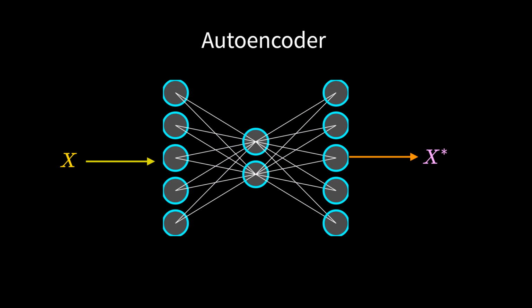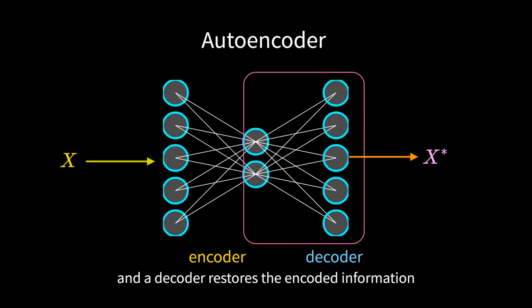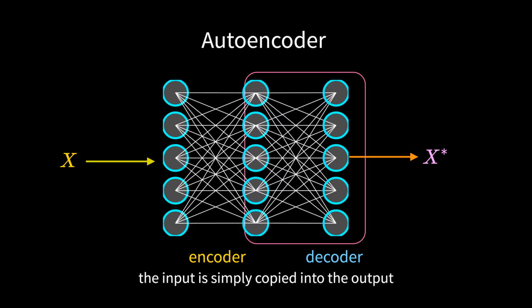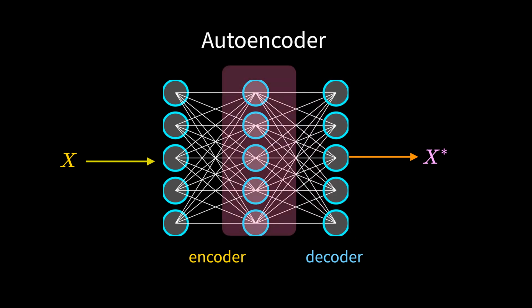Autoencoders can be divided into two parts: an encoder encodes the input, and a decoder restores the encoded information to the original input. In order to avoid the network being lazy, that is, simply copying the input into the output, we put constraints on the middle hidden layer.